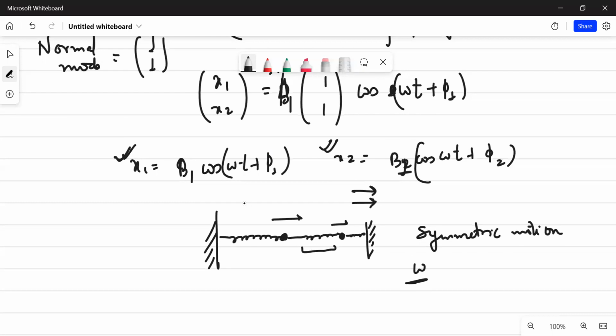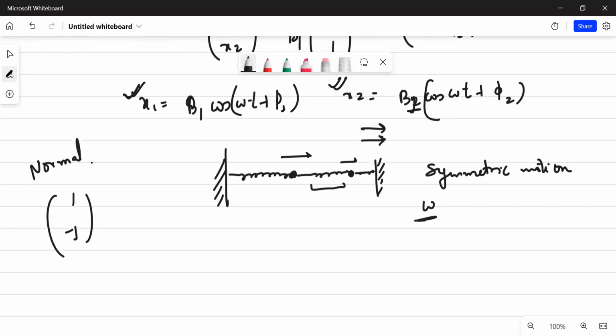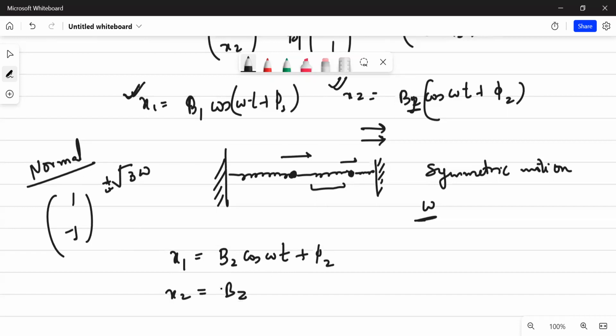Is that clear? But when you consider the second mode, it was corresponding to 1 minus 1. This was your second normal mode. The corresponding frequency was √3 omega, if you remember. For this mode, your x1 would be equal to some b2 cos omega t plus phi 2, but your x2 will be equal to negative b2 cos omega t plus phi 2.